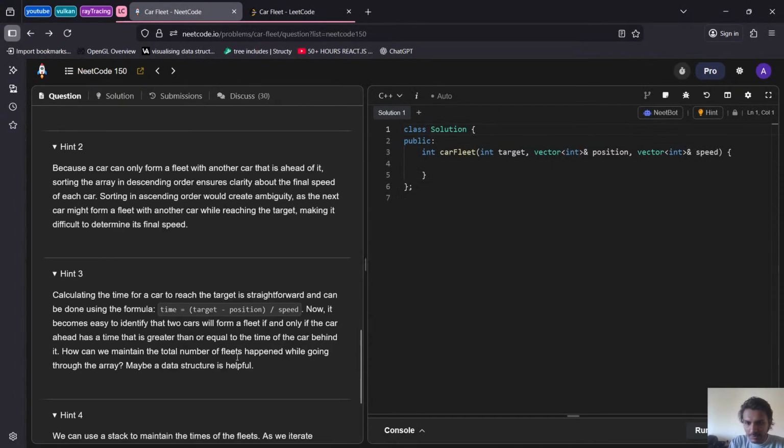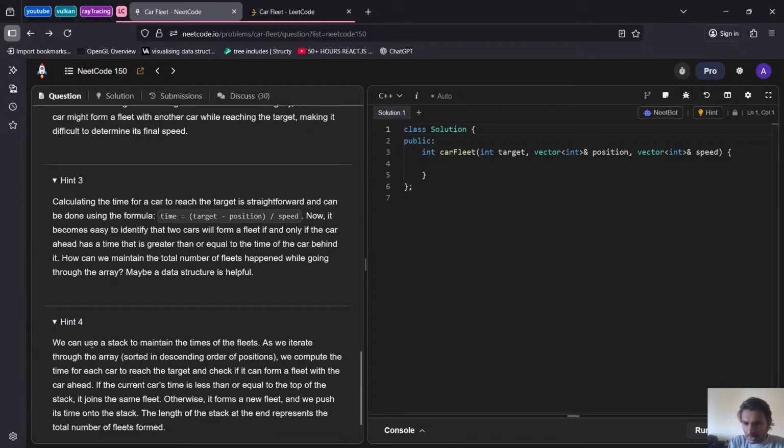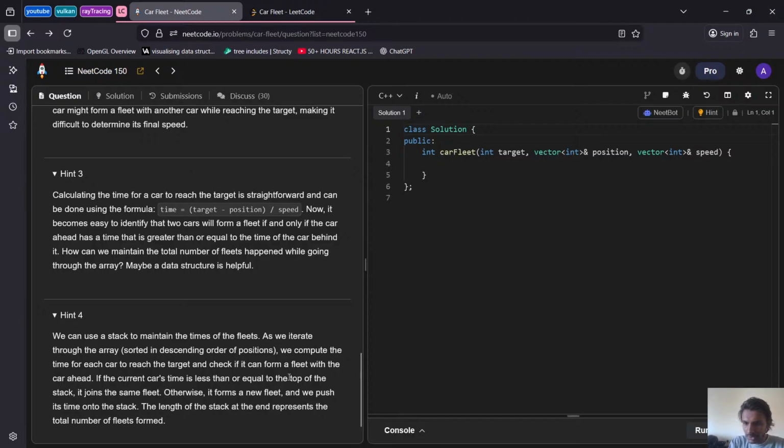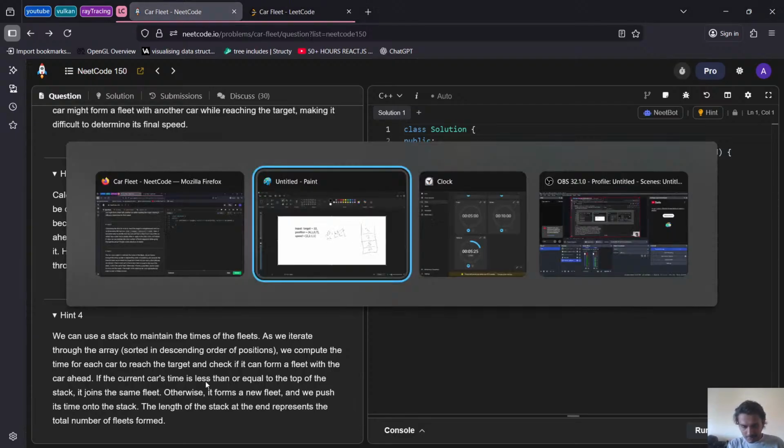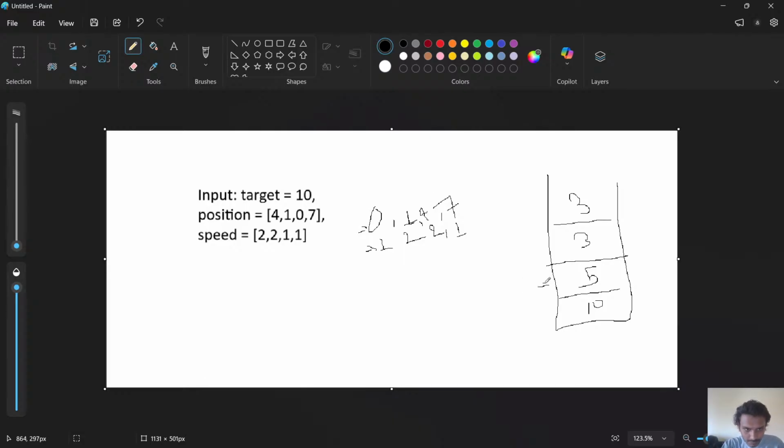Now according to the hint, after computing the times, we can use the stack to maintain the times of the fleet. As we iterate through the array, sorted in descending order of position, we compute the time for each car to reach the target and check if the car forms a fleet with the car ahead.